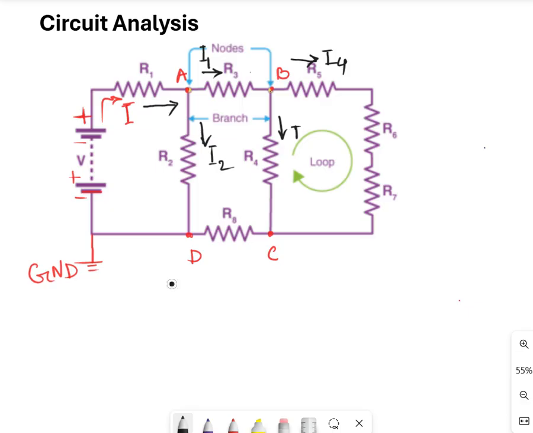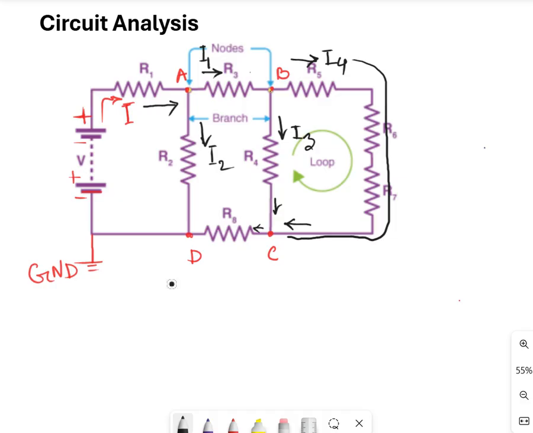Let's say this is I3. And I4 is going through this direction, right? So I4 is coming to node C, and I3 is coming in this direction, and again it will go in this direction.